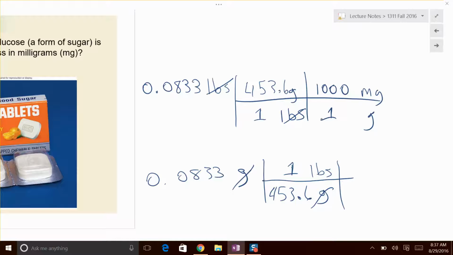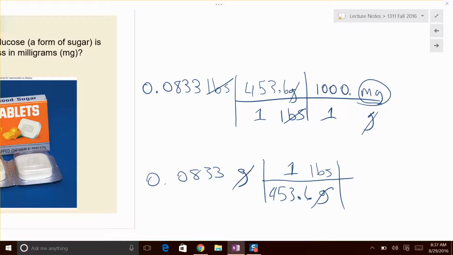All right. So this is how I would set up that conversion. My units all cancel, and I'm left with milligrams. And so I know I'm doing it right. This is what we call dimensional analysis. Dimensional analysis is the process of putting your units there first before you put your numbers in and making sure everything is set up correctly.